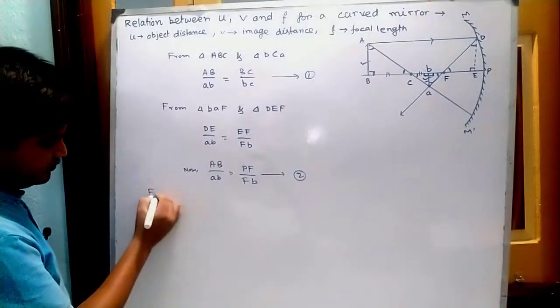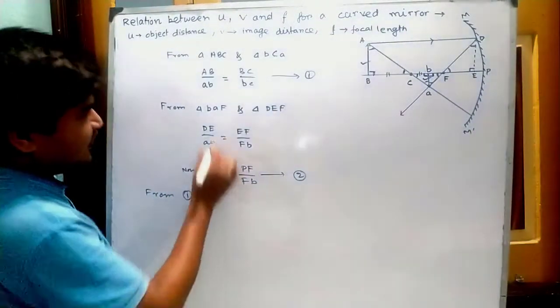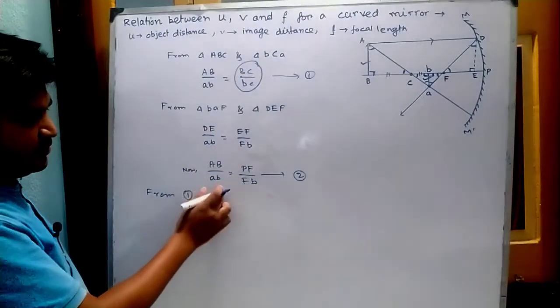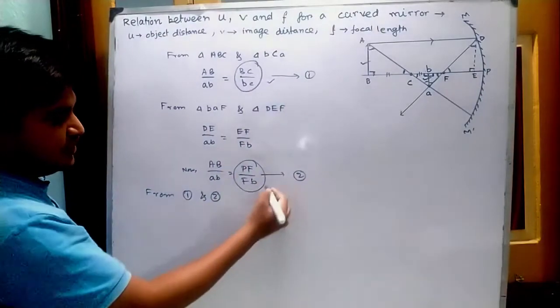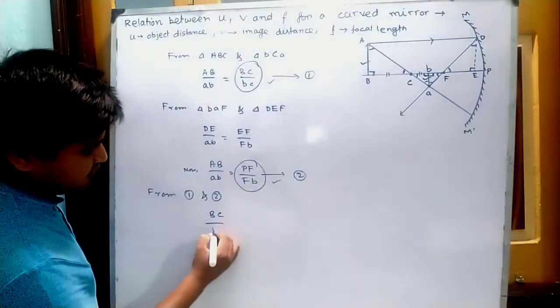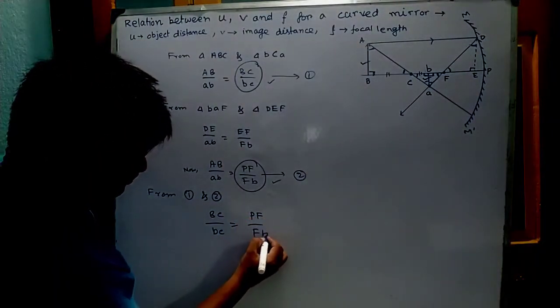So from 1 and 2, AB by A'B' equals BC by B'C and AB by A'B' equals PF by FB'. So we can write BC by B'C equals PF by FB'.